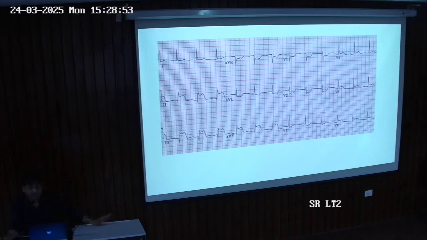There is no inversion here. There is a clear cut ST elevation. ST segment is elevated in the second, third and AVF. Have you got the ST segment elevation? Second, third and AVF.